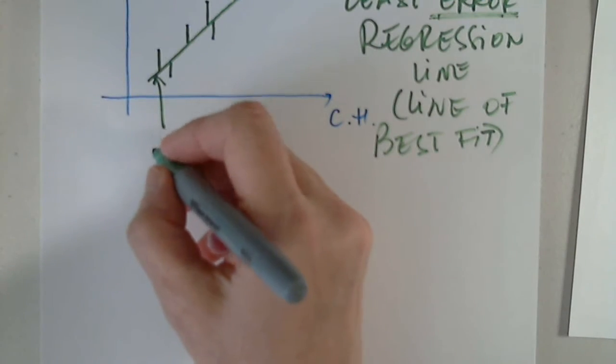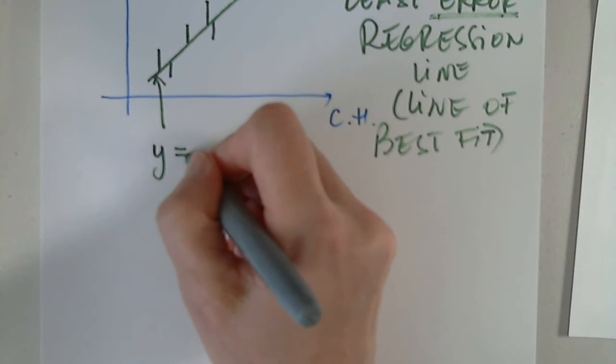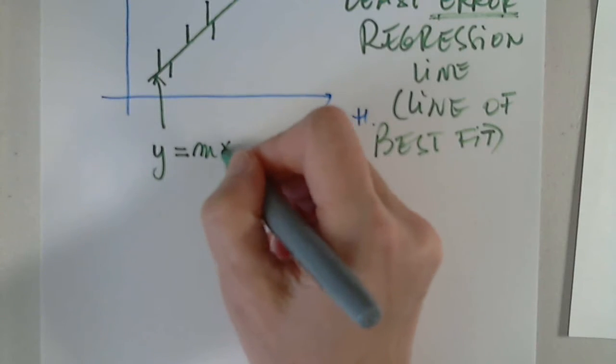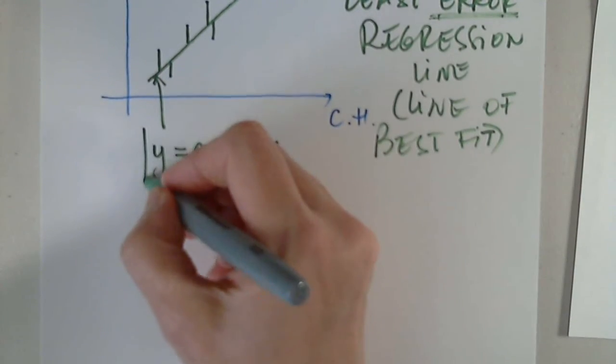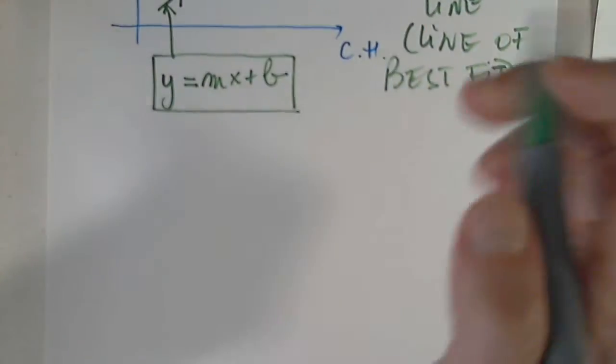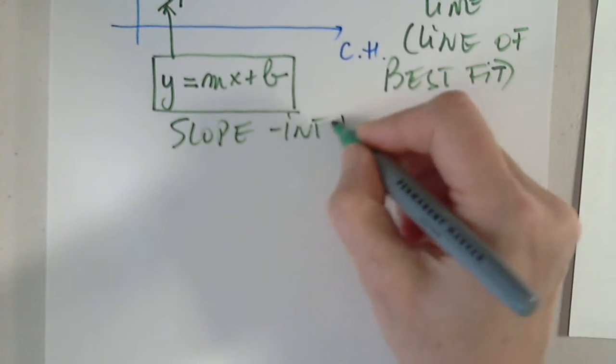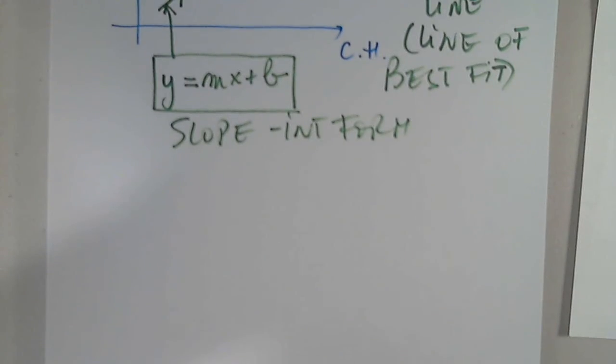And of course, it's a line, so we're going to look at y equals mx plus b. And we're going to copy it right now. If you remember, this is the slope-intercept form of an equation of a line.